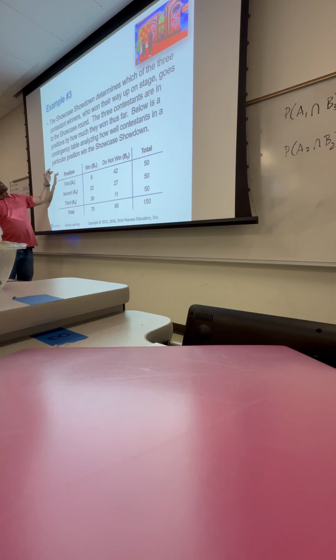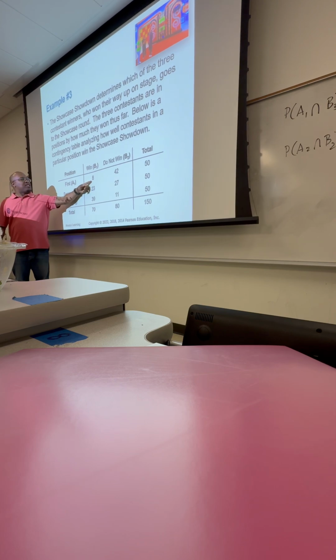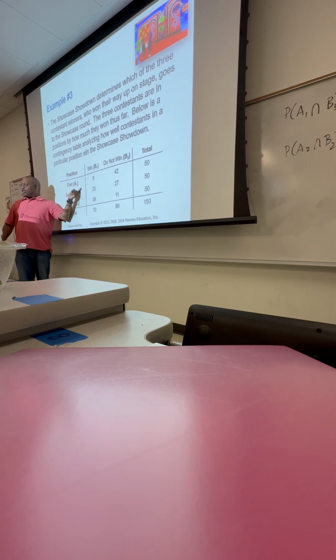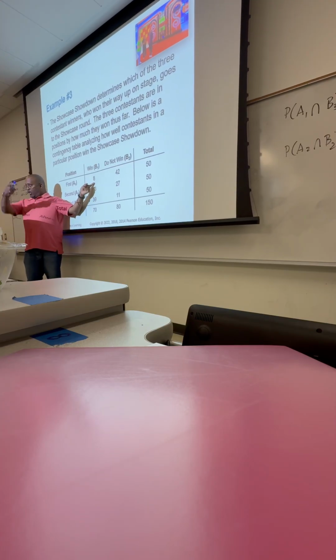Below is the contingency table analyzing how well contestants in a particular position win the showcase showdown. So for example, looking at the last 150 showcase showdowns, there were 8 contestants that spun first and won the showcase showdown and went to the showcase at the end of the show.